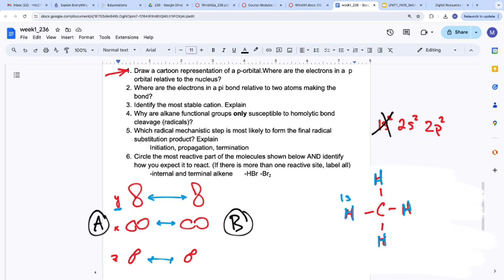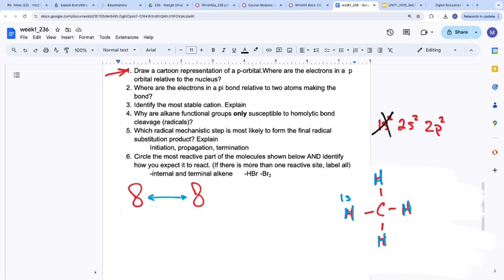We then go through and try and make a bond using p orbitals. Okay? So if we make the bond with p orbitals, remember where our nucleus is, it's the dot there. So in the subsequent question, where are the electrons in the bonding interaction between atom A and atom B?